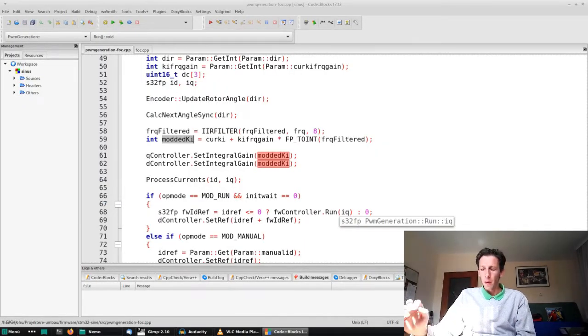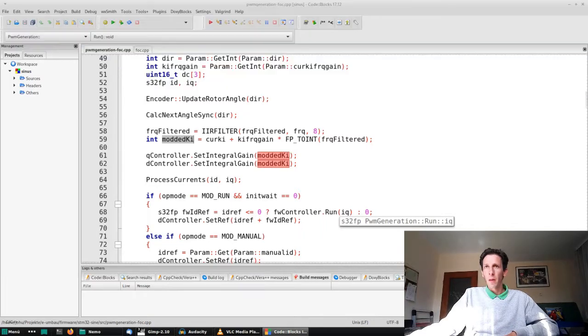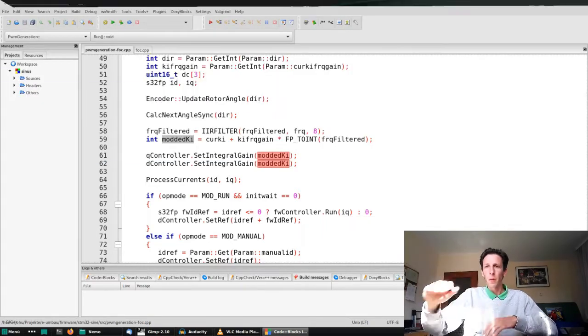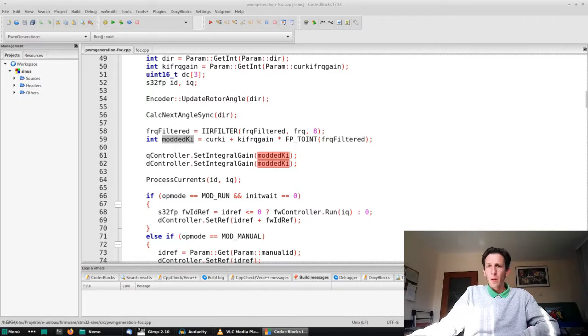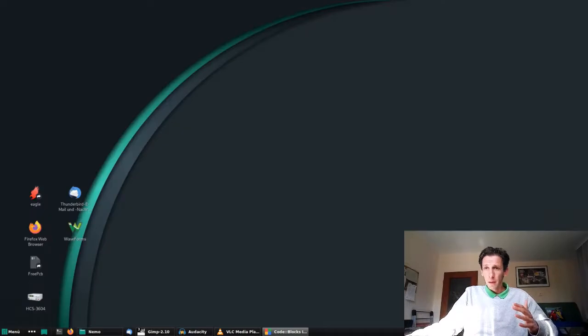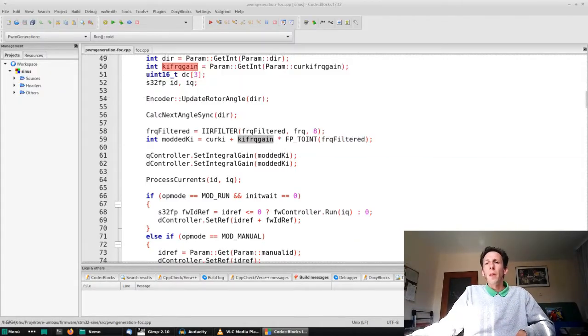Basically, this regulator has to be quite dynamic, because to generate, say, 100 amps at a low frequency takes less voltage than generating 100 amps at a high frequency. And the integrator in our PI regulator has to make up for this difference. In order to make it easier for the integrator, or to force less integrator windup, we increase the integral gain with rotor speed. It just gives us a better, faster response.